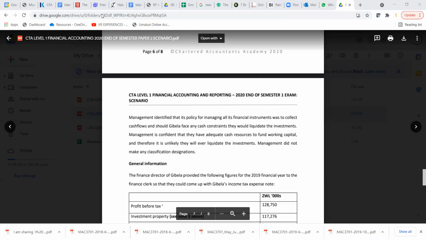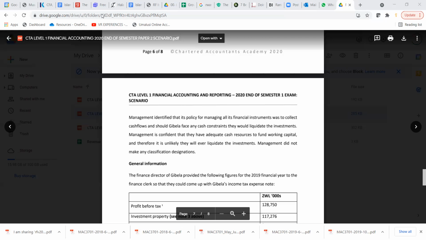Looking at measuring a financial asset at fair value through other comprehensive income, we need to consider a business model whose objective is to achieve both collecting contractual cash flows and selling financial assets. And also the contractual terms of the financial asset should give rise on specified dates to cash flows that are solely payments of principal and interest.